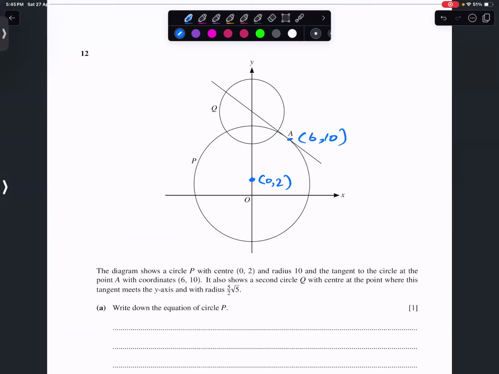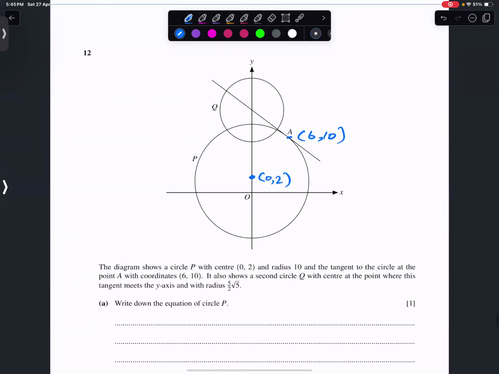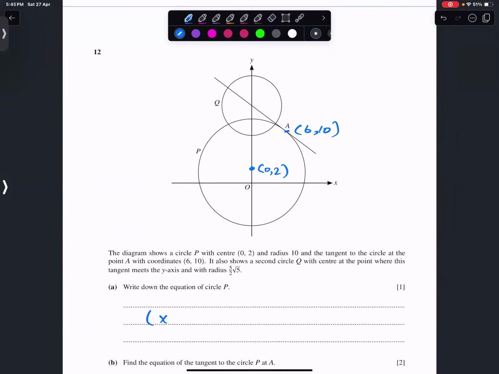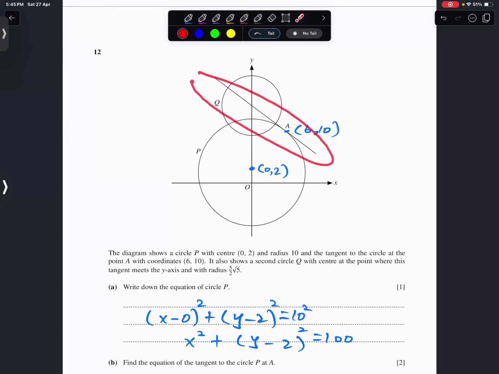It also shows a second circle Q with center at the point where this tangent meets the y-axis and with this radius. Write down the equation of circle P. Ahmed, if the center of circle P is given, that is x minus 0 squared plus y minus 2 squared is equal to 10 squared. Do you understand this, Ahmed? Yes, sir. This is the equation of circle P.